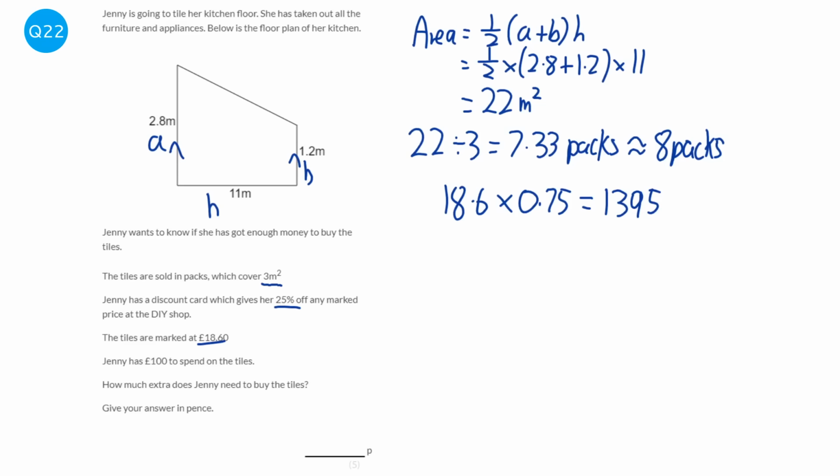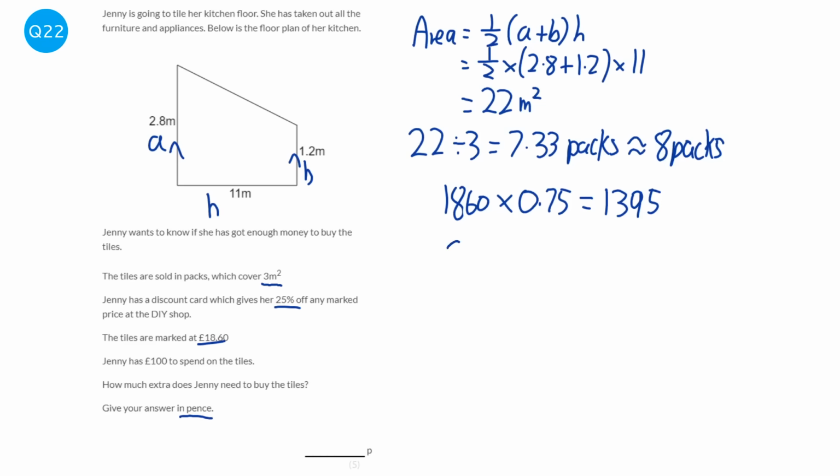Now I've done this in pence and I've kind of muddled it together here, so really let's just go back. That would be 1,860 times 0.75, and so each pack will cost 1,395, and the reason we're doing this in pence is the answer needs to be given in pence, so I might as well just make that conversion now.